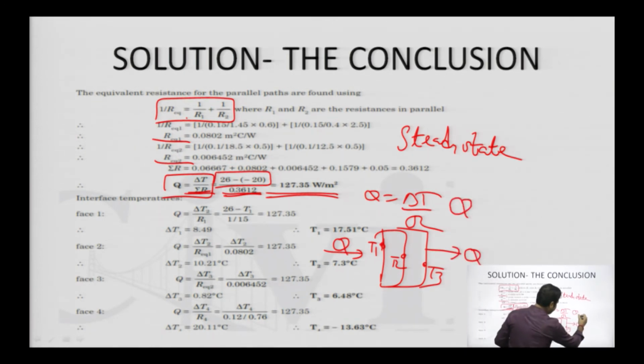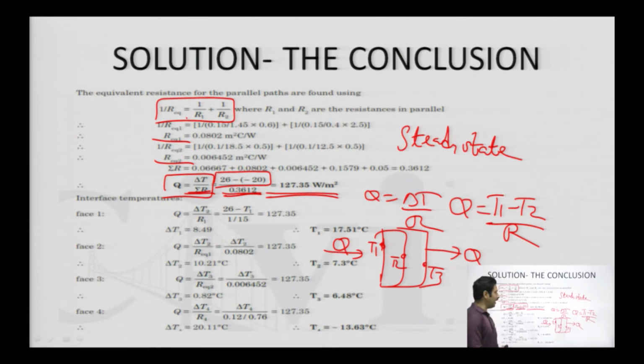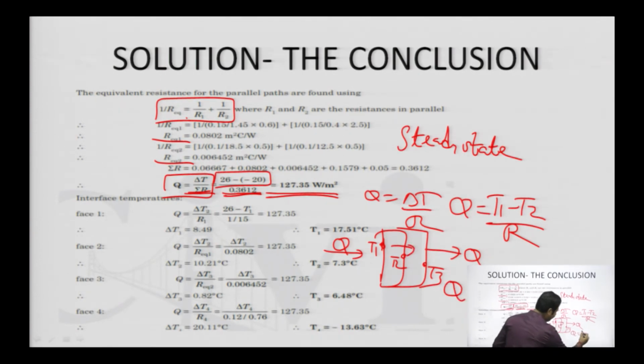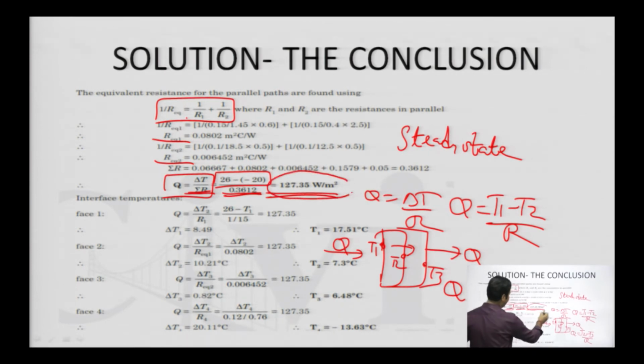So Q is equal to, first of all, T1 minus T2 by R. Then the same Q will come here, then it will be T2 minus T3 by R. Whichever is unknown you can calculate. First calculate Q, which we have already calculated. Delta T by R1, calculate T1, done.